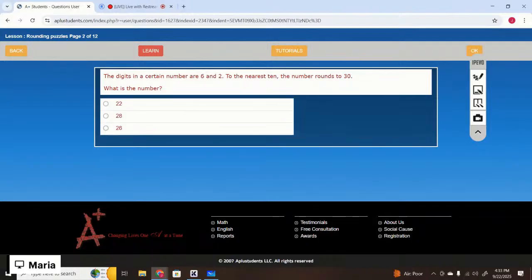The digits in a certain number are 6 and 2. To the nearest 10, the number rounds to 30. So which is the correct option? You can make only two numbers, right? They are 62 and 26. Which number when rounded to ten is rounded to 30?